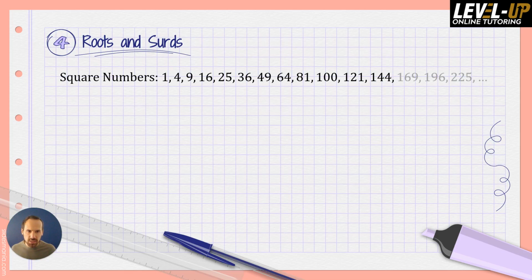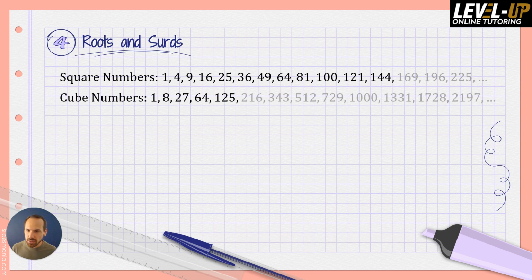Beyond there, obviously they're going to continue on forever, but it's only really up to 144 you need to be familiar with. And same thing with cube numbers. So this is 1 cubed, 2 cubed, 3 cubed. So that's going to be 1, 8, 27, and so on. Only up to about 125. Just those few numbers you can be familiar with. Normally you won't get asked something with much larger numbers, unless you had a calculator, in which case it's fine. The calculator can do the job for you.